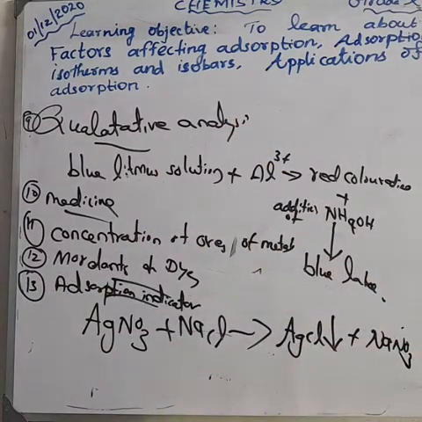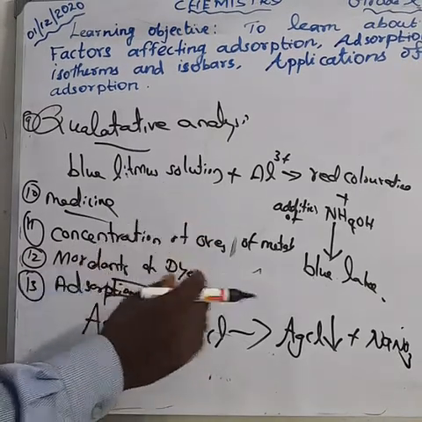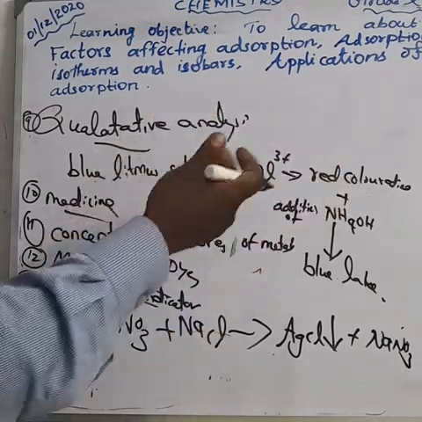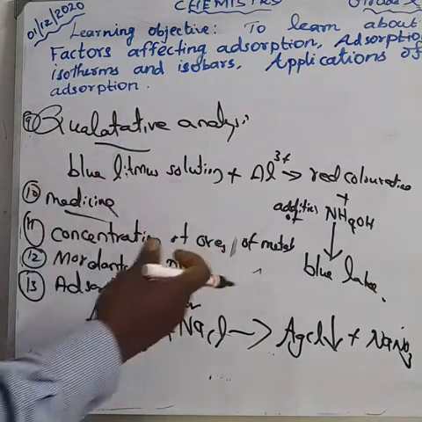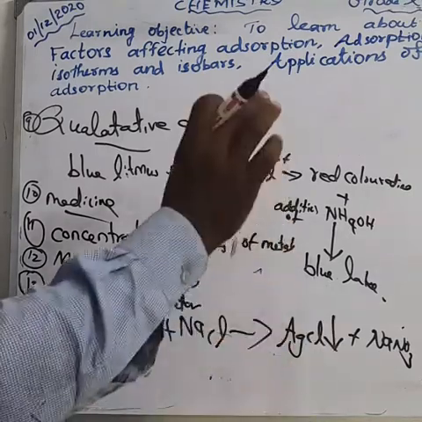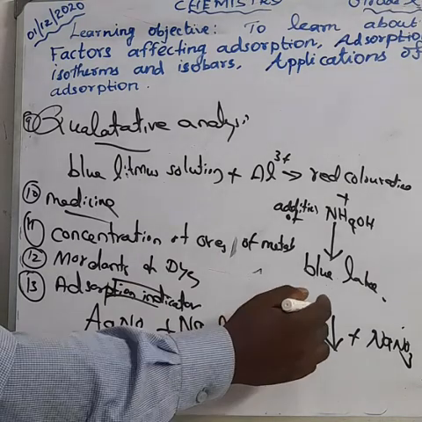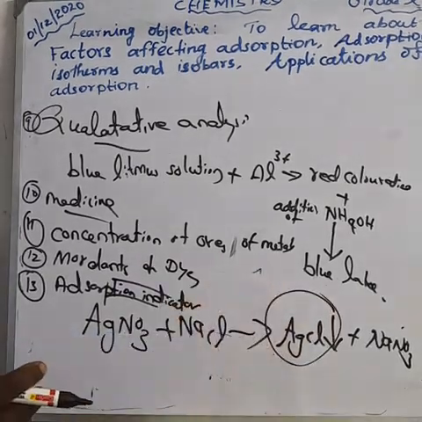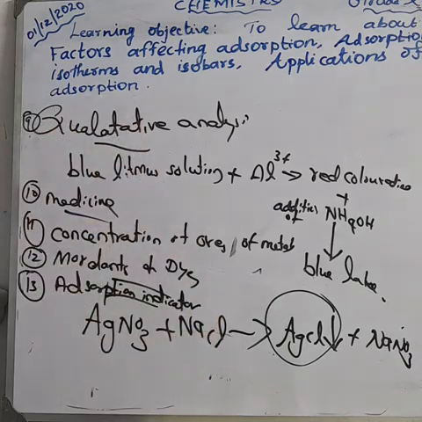The end point is indicated by an external indicator, which changes color after adsorbing this precipitate. It is used to indicate the end point of the titration. This is also based on adsorption.